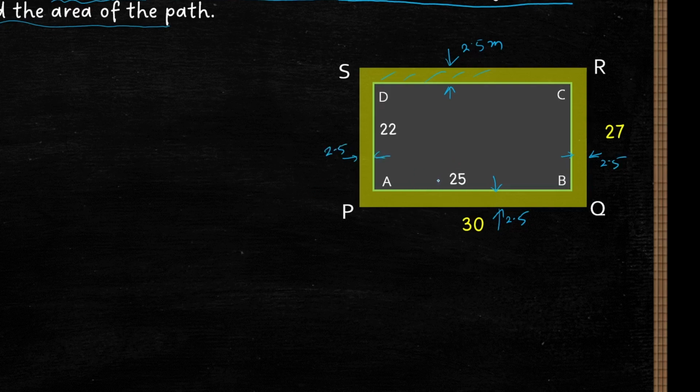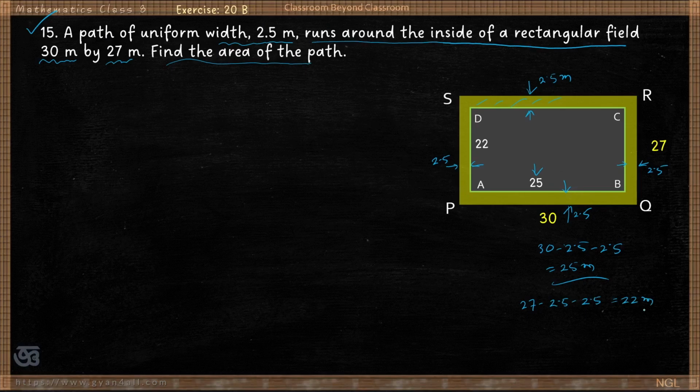So the length of this small rectangle becomes 25, because 30 minus 2.5 meter on both sides becomes 25 meters, and width is 27 minus 2.5 minus 2.5, so this is 22 meters.